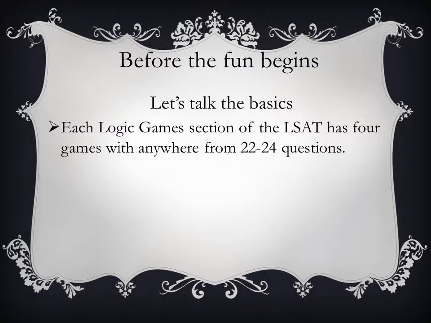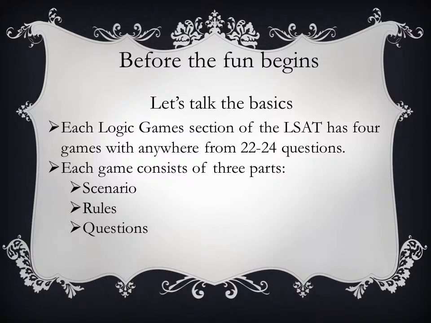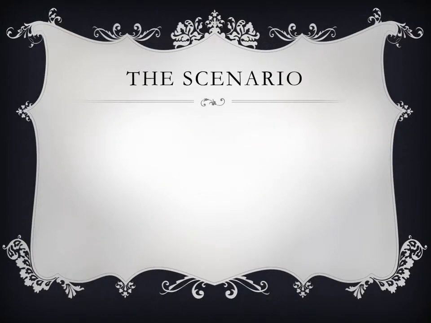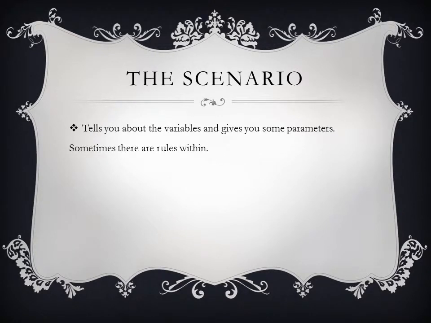Now, each logic game consists of 3 parts. You have the scenario, you have the rules, and you have the questions. The scenario basically tells you about the variables and gives you some parameters. It'll tell you how many variables there are and what those variables are. Are they people? Are they dogs?